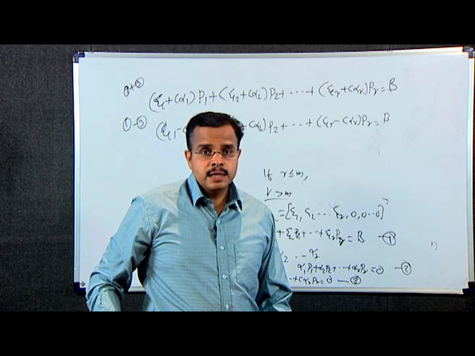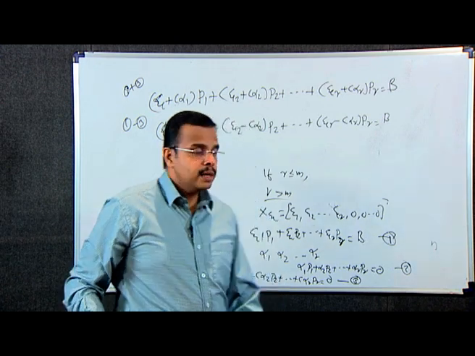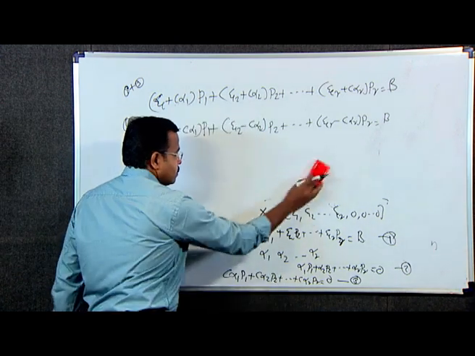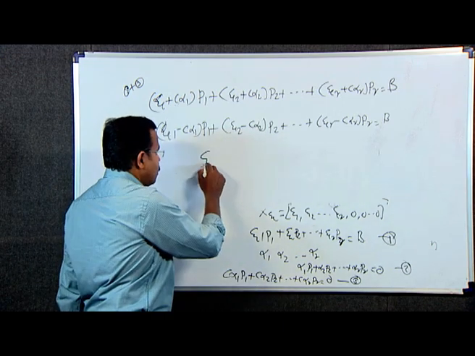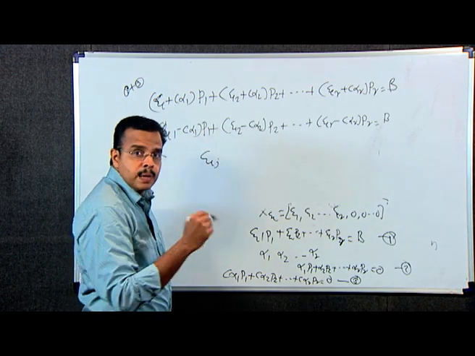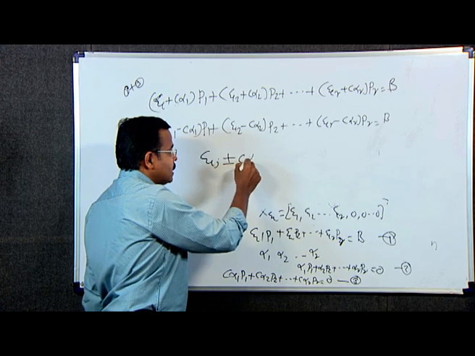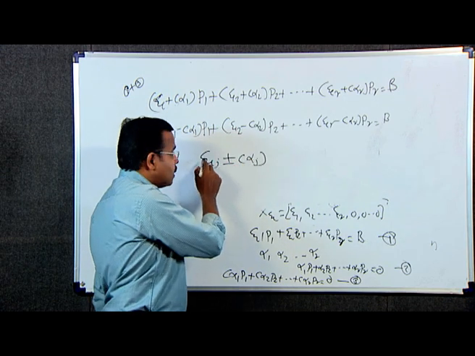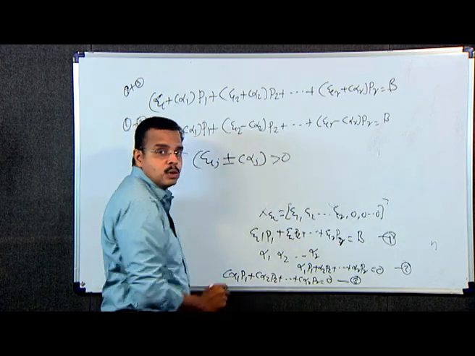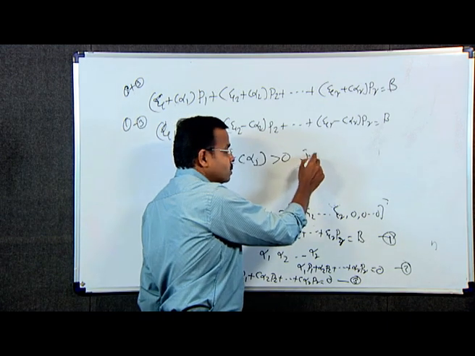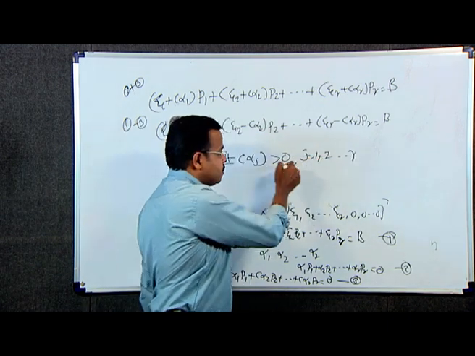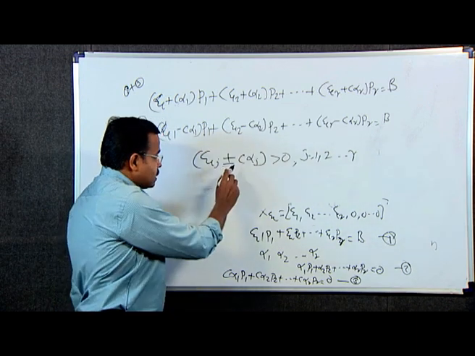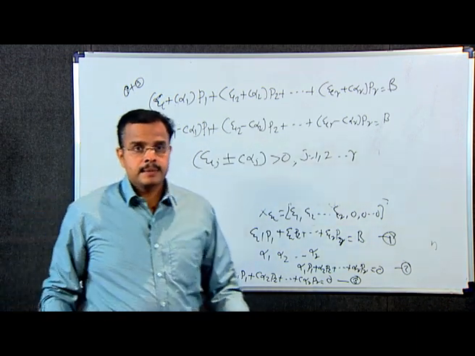Choose c greater than 0 sufficiently small to make psi j plus or minus c into alpha j greater than 0 for j equal to 1 to r. We are selecting such a c.